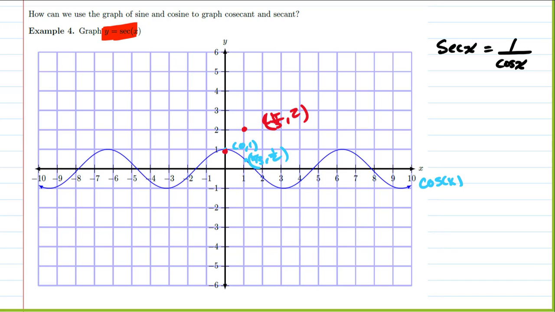At the point where we cross the x-axis, which is cosine is equal to 0 at pi over 2, well, then I would be dividing by 0, because the reciprocal of 0 is undefined. So that tells me that that's going to be a vertical asymptote.